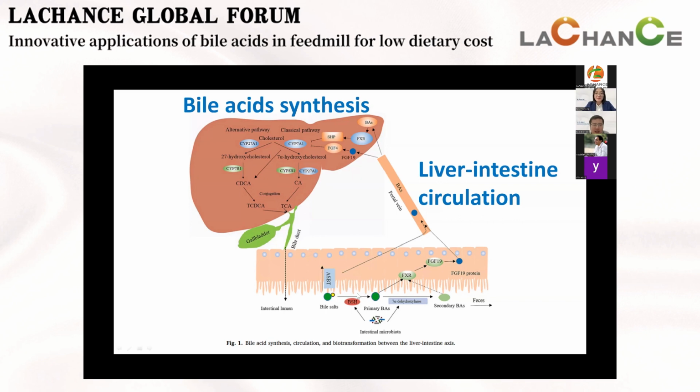With the help of the microbiota, they can be converted into secondary bile acids, and the bile acids in the intestine can also be reabsorbed into the liver, which we call the liver-intestine circulation.